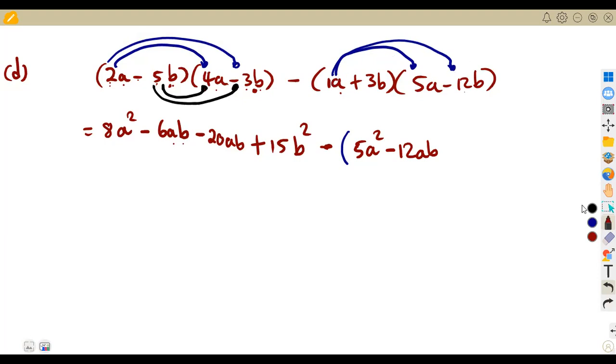We do the same thing with the plus 3b. It must multiply everything. So it's plus 3b. It has to multiply 5a, and it has to multiply minus 12. So that means plus 3b times 5, which is going to be 15, positive times positive. So the answer was supposed to be actually 15ba.